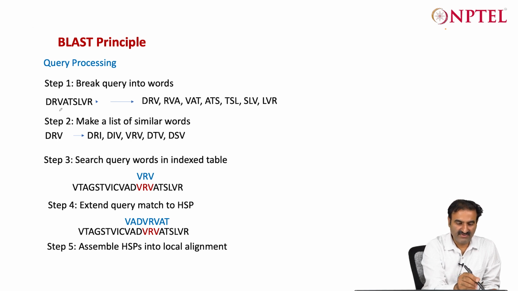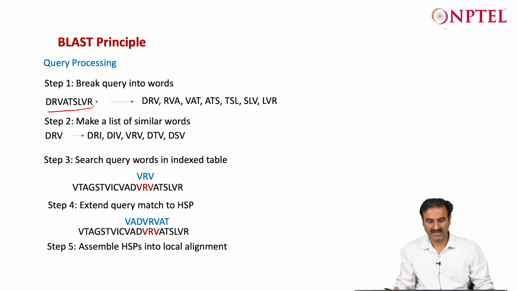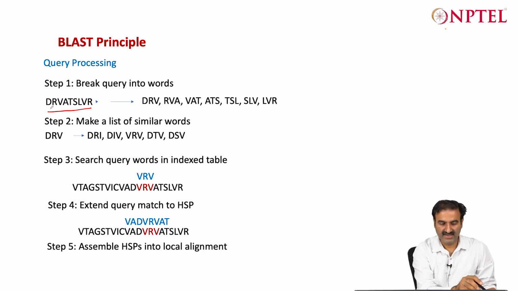So this is your query sequence. We will break this query into overlapping words, such that DRV, then RVA, then VAT, and then ATS and TSL, and like that we will create a list of words.